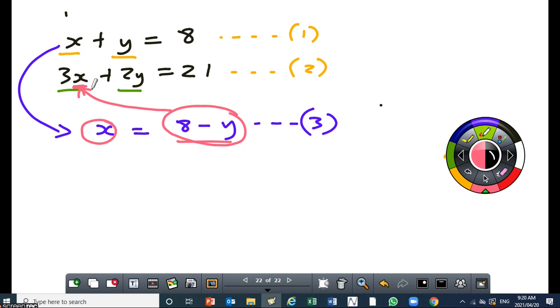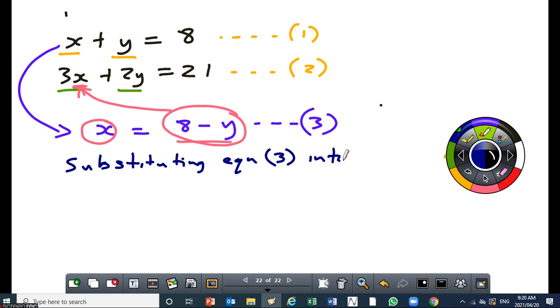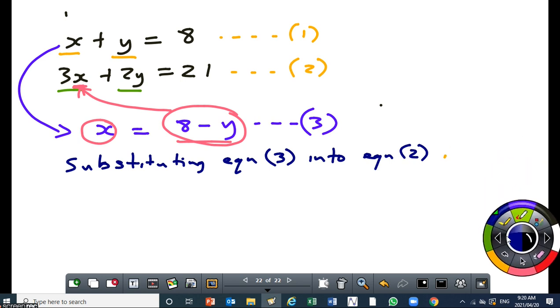So I'm going to write this down. Substituting equation 3 into equation 2, we will get... right.